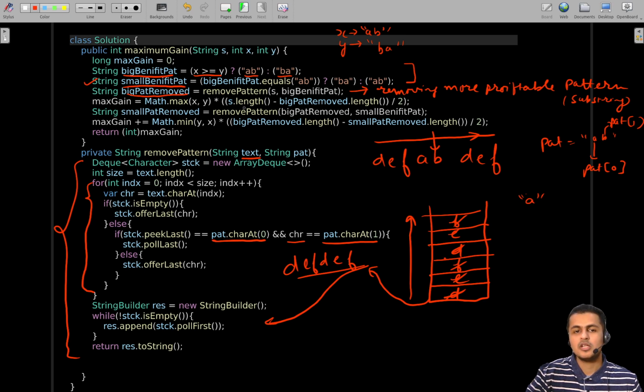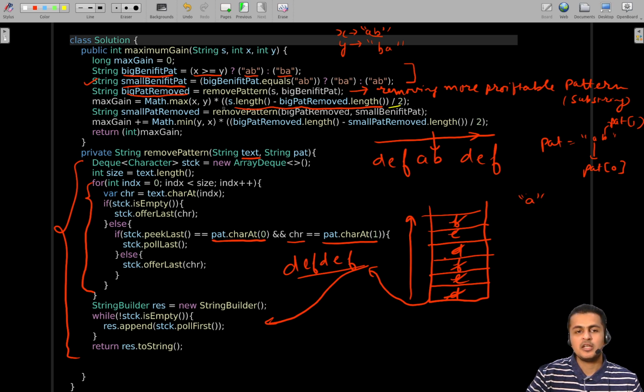The number of pairs removed will be the original length of the string minus the modified length of the string. It will give you the number of characters that you have removed, and if you divide it by 2, since A and B both were of size 2, it will give us the number of pairs of the given pattern that you have removed.